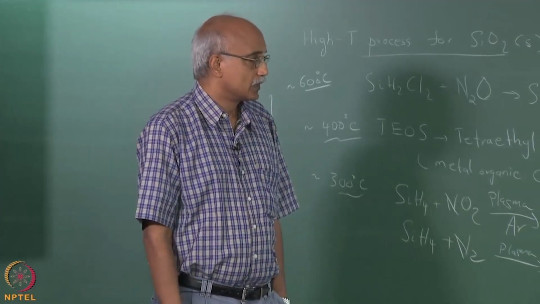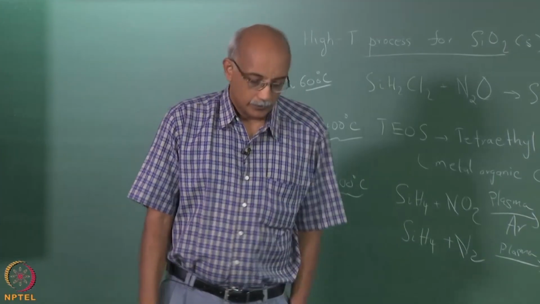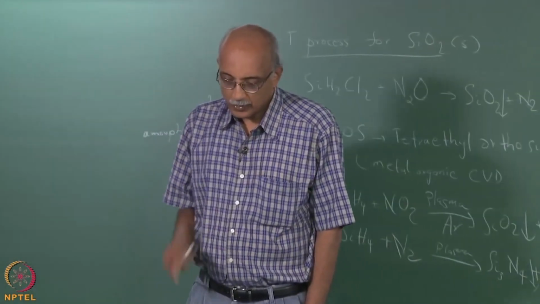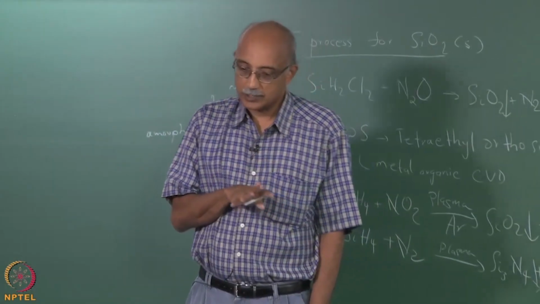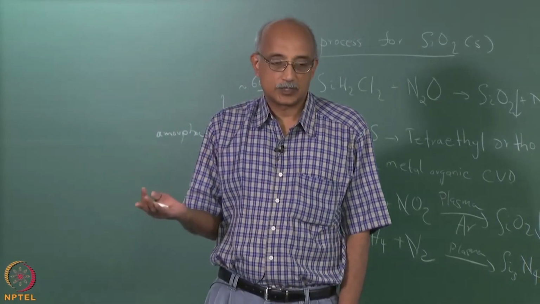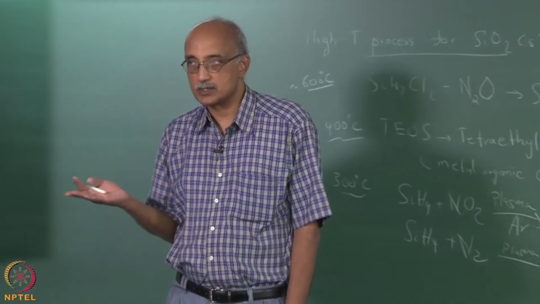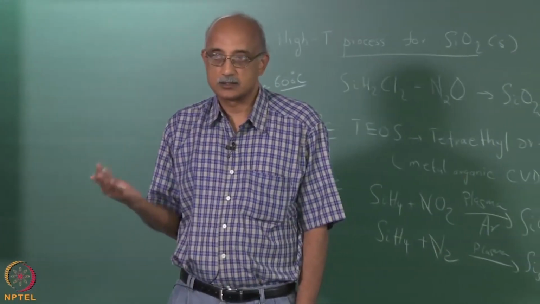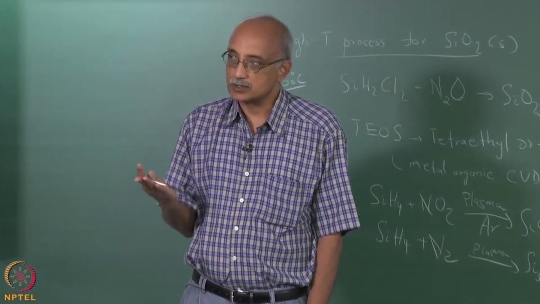Now, so far we have talked mainly about semiconductor films and dielectric or insulating films. The other type of film that is frequently deposited on a surface is a conducting film, such as a metal or metal composites.